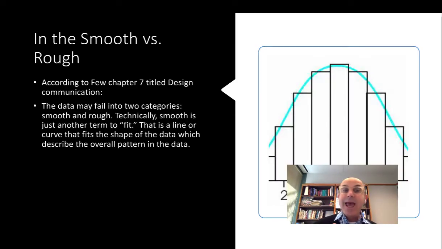And in this case, he talks about smooth versus rough. The idea is that the data may fall into two categories, the smooth and the rough. Technically, the smooth is just another term for fit. So that is the line or the curve that fits the shape of the data, which describes the overall patterns in the data.